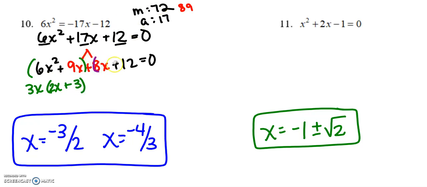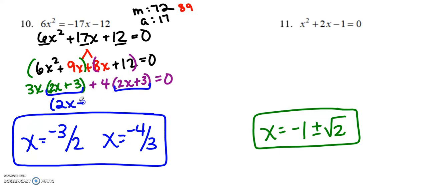And in this purple set, I can take out a 4, and I'm left with 2x plus 3. Well, that's good, because I wanted those second sets to line up. So now this has a 2x plus 3 and a 2x plus 3, so that can come out. 2x plus 3, and I'm left with 3x plus 4 equal to 0.